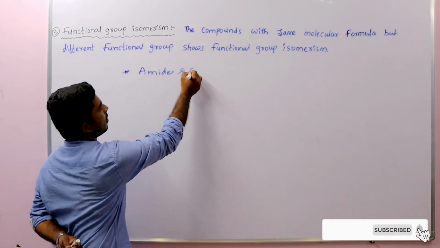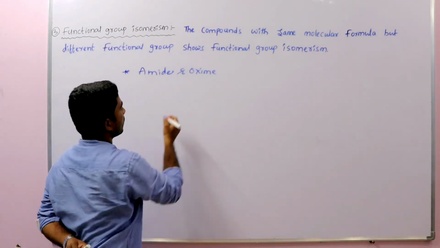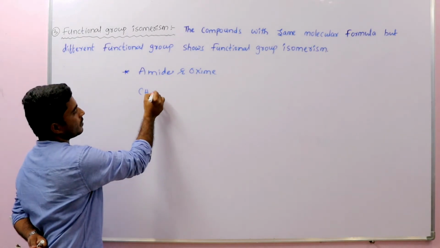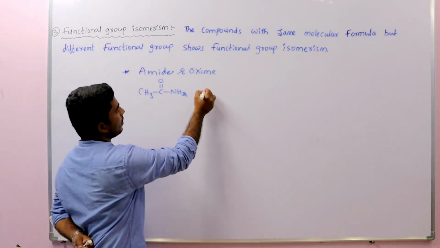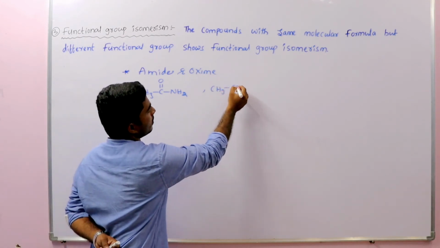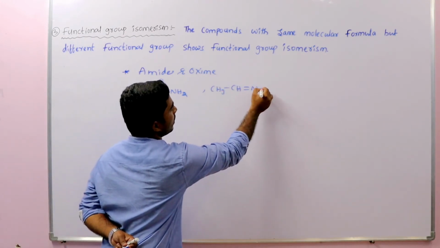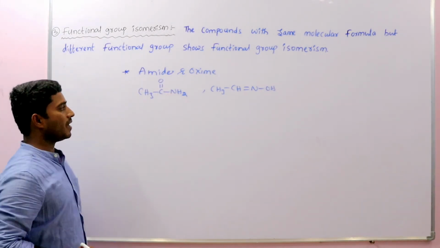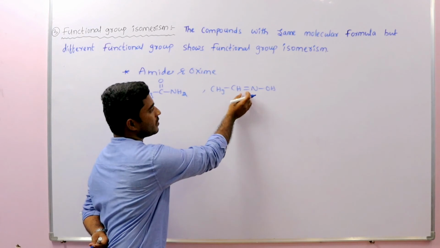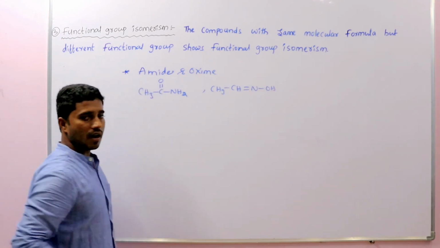Amide and oxime. Example: CH3 C double bond O NH2, and CH3 CH double bond N OH. CH3 C double bond O NH2 is amide. CH3 CH double bond N OH is oxime.